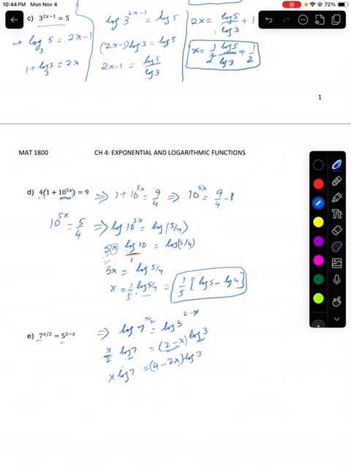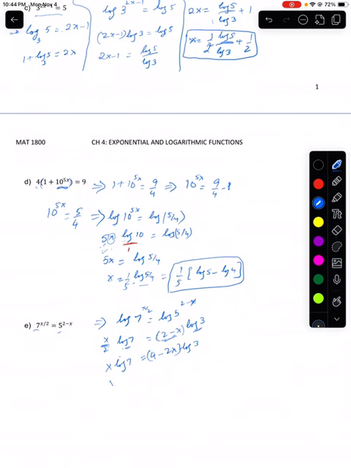So now again simplify, and maybe if you have to distribute things, because we have to get any term which has x, we have to combine them or get them on one side of the equation. So when I distribute, I get on the right hand side 4 log 3 minus 2x log 3, or 2 log 3 times x.